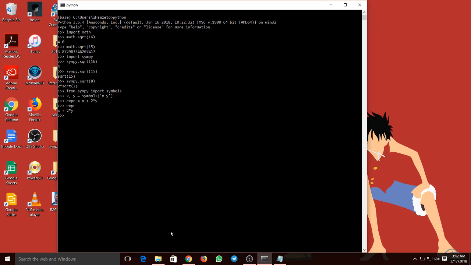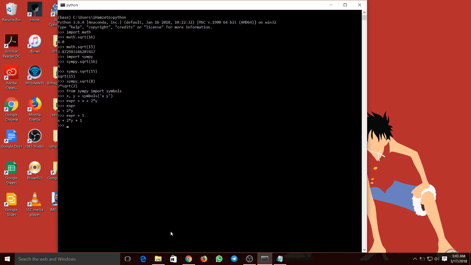Now that we wrote it, x and y are normal variables, so let's just play around with it. Once we put expr plus 1, you see our expr, we've already defined the value of expr.